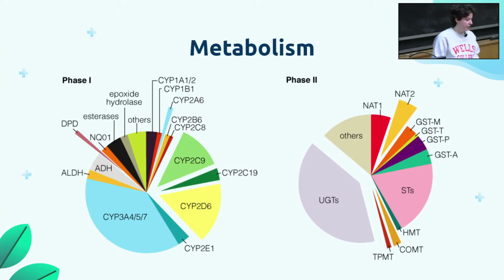And then phase 2 is, again, your larger things, so it's going to be largely UGTs, which are involved in glucuronidation. So basically, they're going to make molecules that can be excreted in urine that are negatively charged, hydrophilic. It's going to take a sugar and add it on. And then your sulfotransferases, which form a sulfate conjugate to allow, again, for renal excretion as well. So those are your main two with phase 2 metabolism.